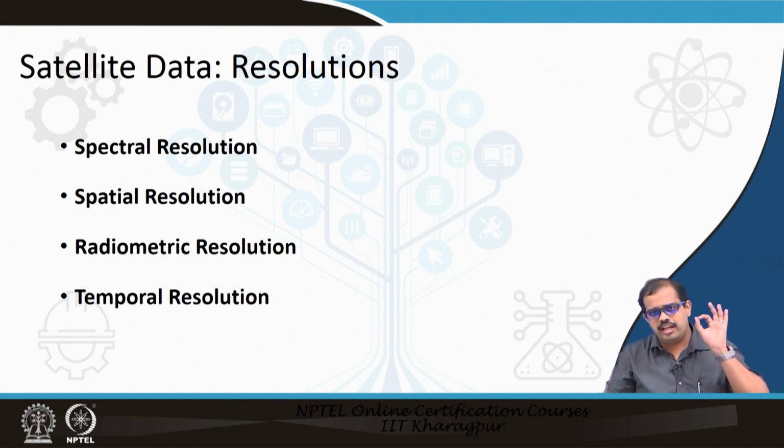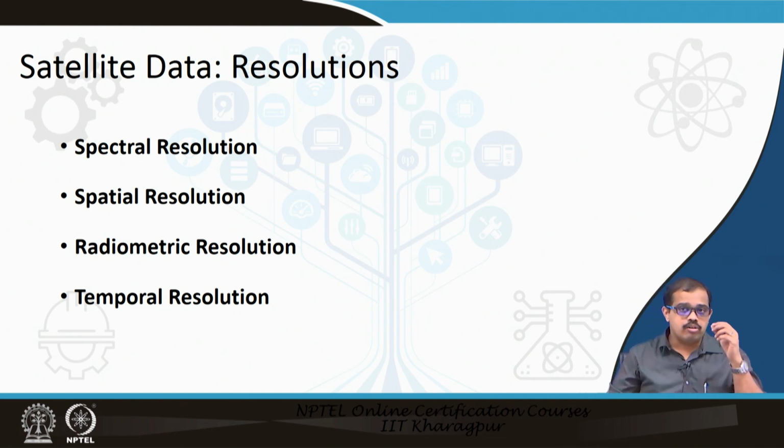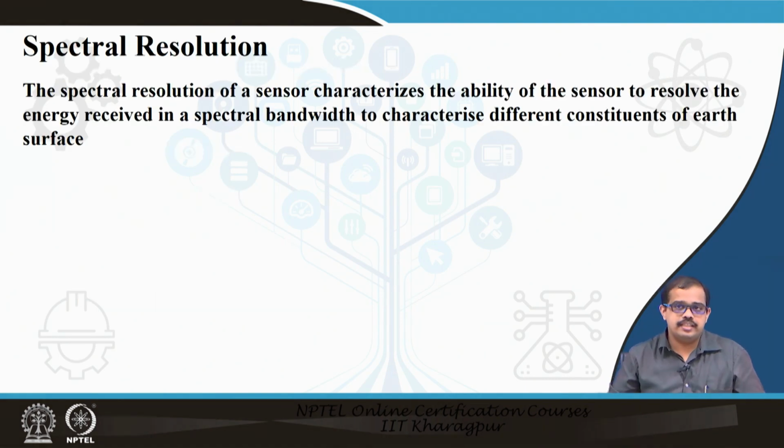These three have to be looked at even before you buy or download any satellite data. Okay, without understanding these aspects of any satellite data, it would be a problematic issue if you are trying to download any data. Okay, so let's go through each one of them.